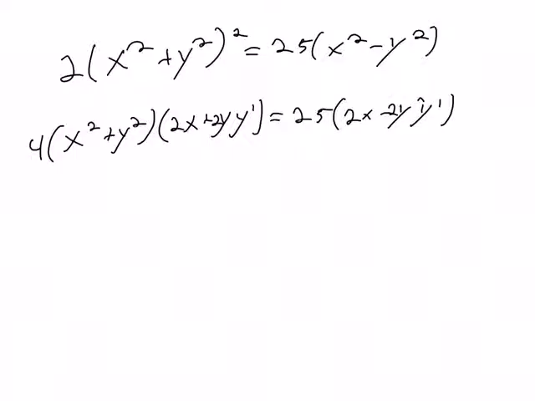So now what we can do is move this to that side, so we're going to have 4 times x squared plus y squared times 2x.